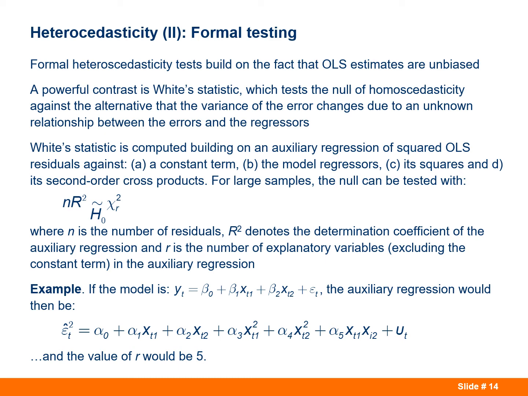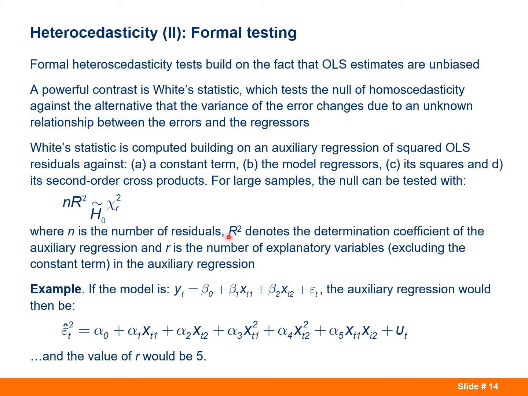The White statistic is computed building on an auxiliary regression of squared OLS residuals against a constant term, the model regressors, its squares, and its second-order cross products. For a large sample, the null can be tested with n times the R squared of this statistic, which, under the null of homoskedasticity, is distributed like a chi-square with r degrees of freedom.